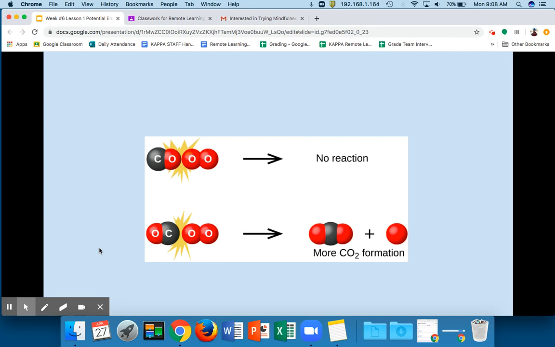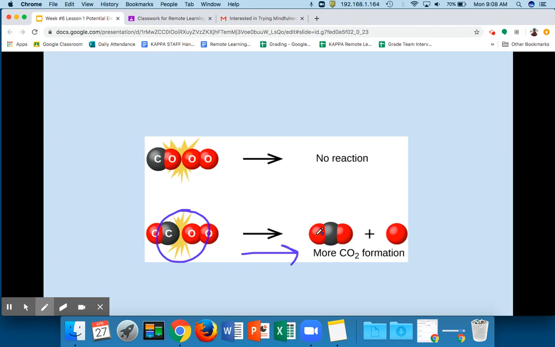Okay, so with last week, we talked about collision theory. And if you recall, this is when atoms or molecules collide and create a reaction. So basically, whenever a chemical change is occurring, let's review actually.